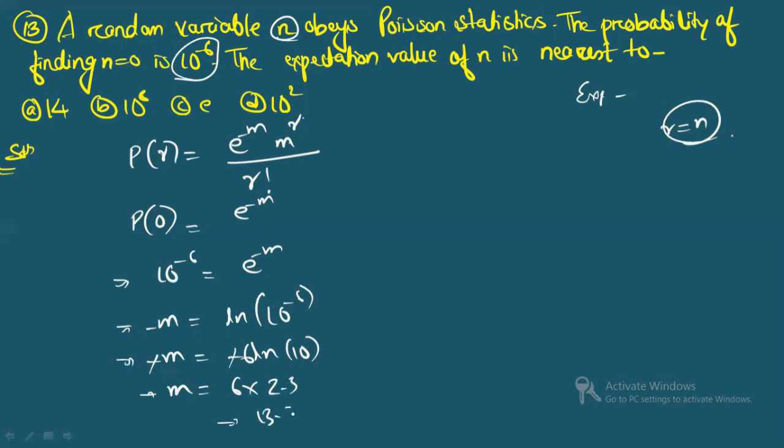So you will get 13.8, which can be written as approximately 14, just to match the option. Clear? It was not tough. We have just seen the formula of probability because the probability was given to you, and the formula uses the parameters given to us in the question.